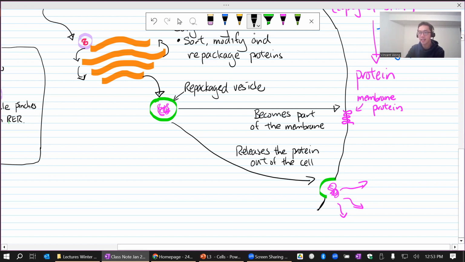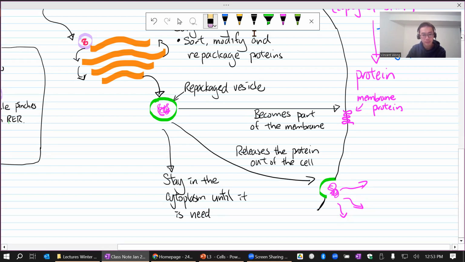Maybe you don't need it yet. So it will stay in the cytoplasm until it is needed. And then there's one more possibility.